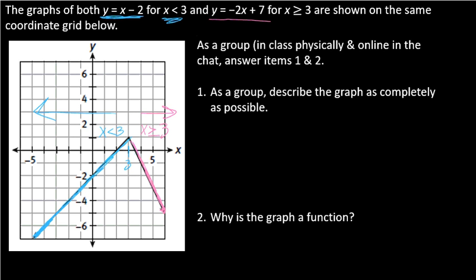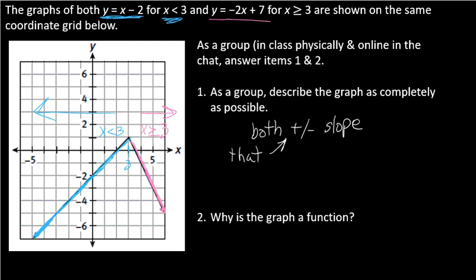So how could we describe this as completely as possible? Well, to put it simply, what is this? Okay, so obviously it has both a positive and negative slope. That's one weird thing we can say. Another thing we can say is, well, our slope is positive, right?